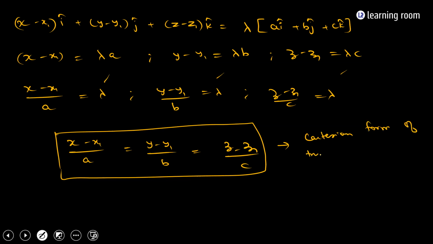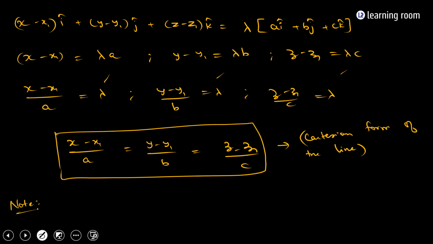And here, I want you to note an important point. So this is the generic equation. But sometimes, instead of giving you the direction ratios of B vector, if they give you the direction cosines of B vector, then you can still write it down.